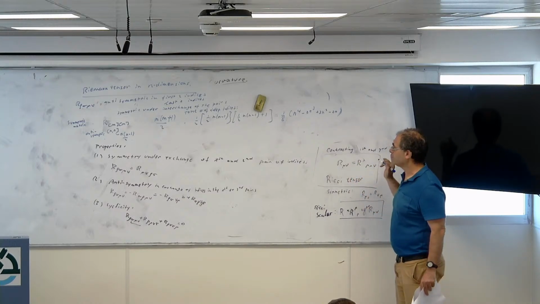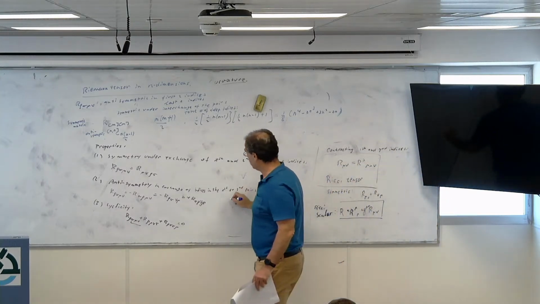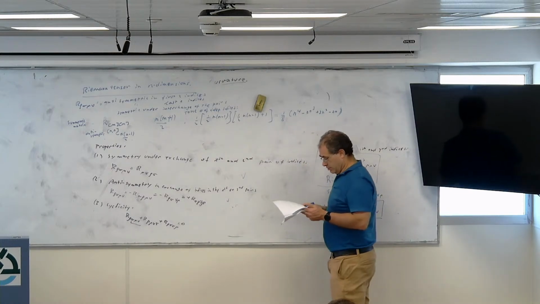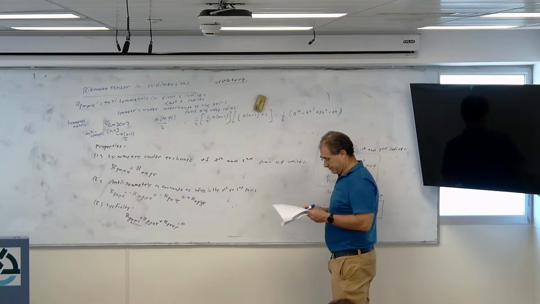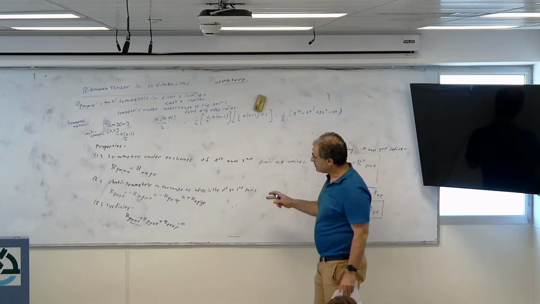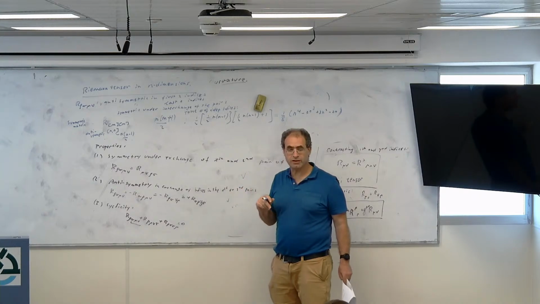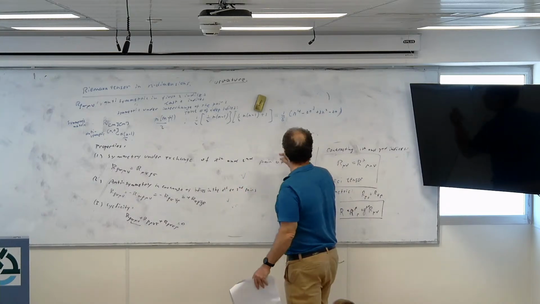That's not the end of it. So we made use of that. We did not make use of the simplicity yet. What is simplicity? It means that the total anti-symmetric part has to vanish.